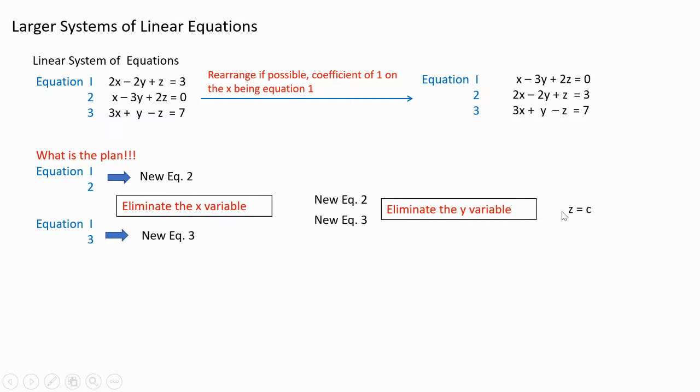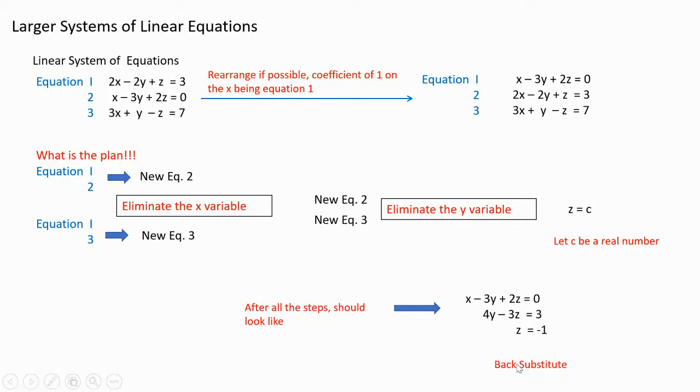Then I'm going to get something like z equals c, where c is a real number. So it's going to be z equals a number. After all the steps, it should look something like this, guys. This is one of the ways it should look. And then I'm going to back substitute to find the answer. So let's execute this plan on the next slide.